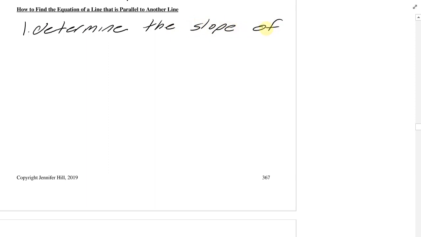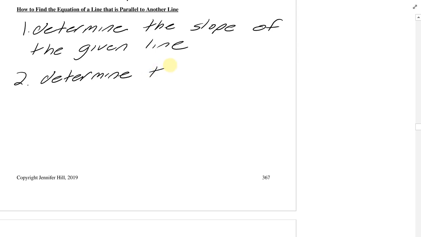So the first thing you have to do is determine the slope of the given line. The second thing you have to determine is the point you need. This is generally given.